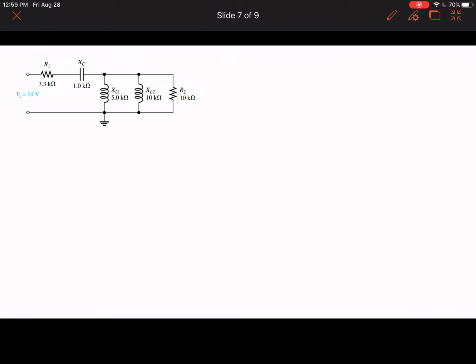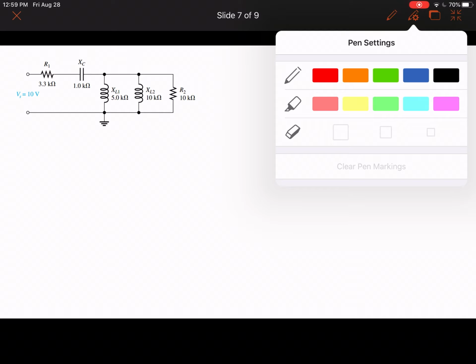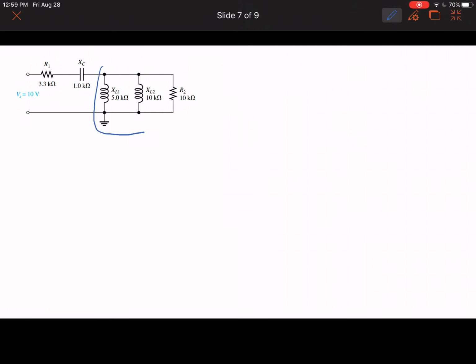So the first thing that we need to do is to combine these three circuit elements that are parallel to each other. So let's write it down here: combine XL1, XL2, and R2.